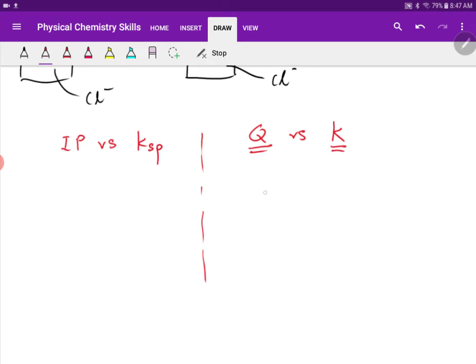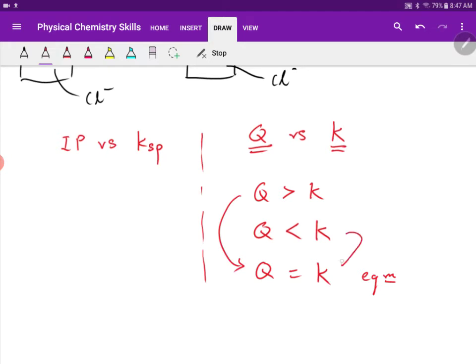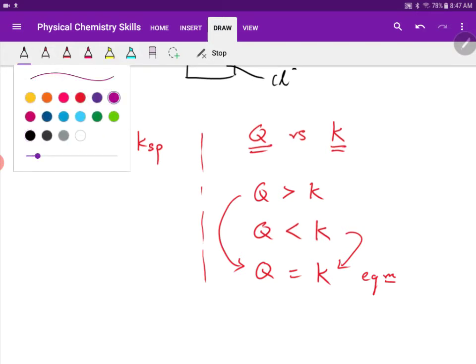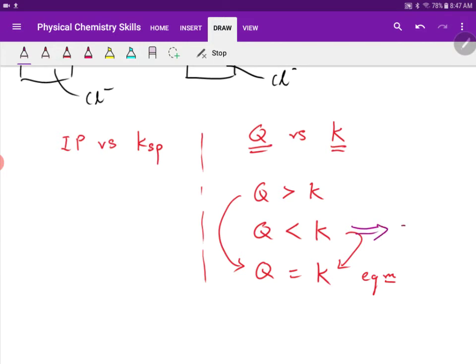There are only three instances. Q can be greater than K, Q can be smaller than K, Q can be equal to K. When Q is equal to K, we are at equilibrium and the system will want to travel from Q larger than K to Q equal to K, or Q smaller than K to Q equal to K. So if Q is smaller than K, it would want to increase, while if Q is way bigger than K, it would want to decrease.